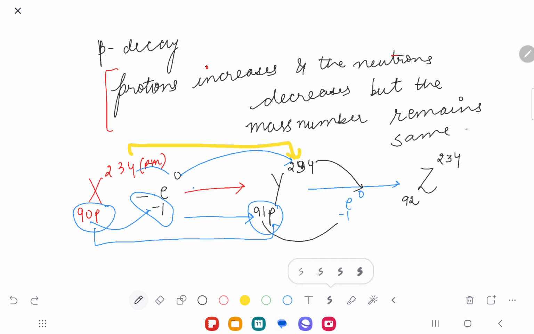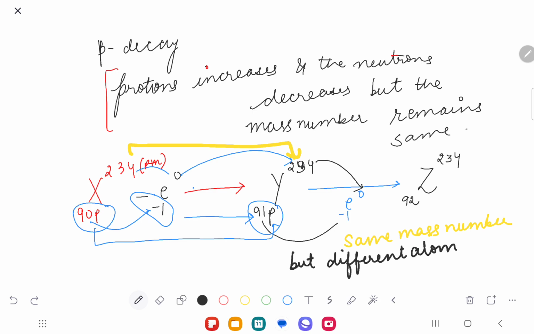And when we have two elements having the same mass number but different atomic numbers, they are called isobars.